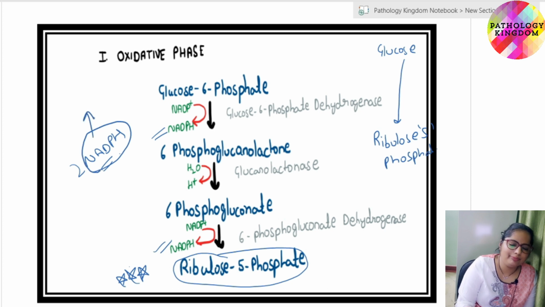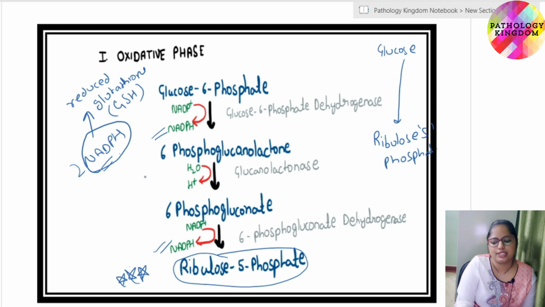This NADPH helps in production of reduced glutathione, that is GSH, and this will help in prevention of oxidation of the red blood cell membrane.